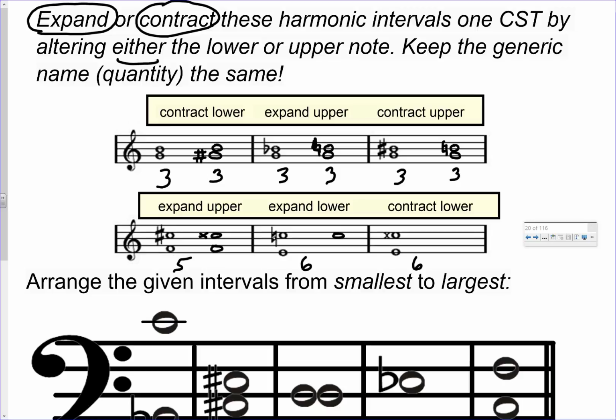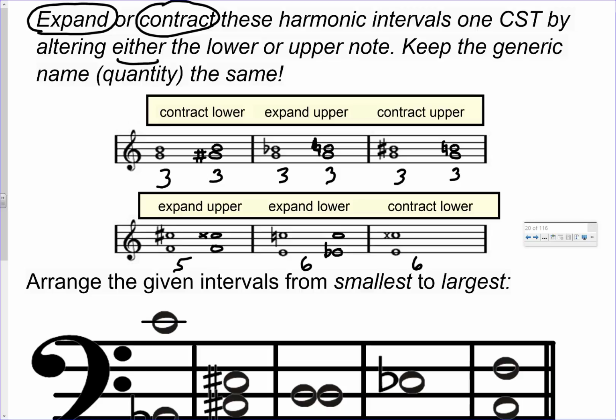So my top note, C natural, can stay the same. I'm not altering that. I have to alter the lower note, and I have to expand the lower note. How do we expand an E? With this interval, we make it an E flat. We've just made the interval larger. And it's still a sixth.